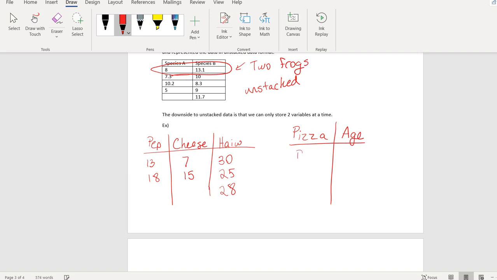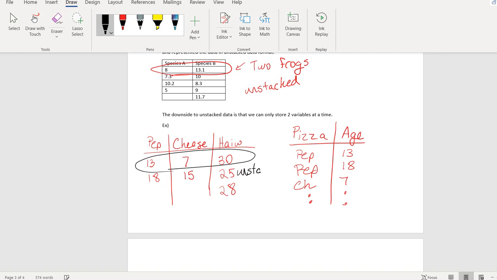So let's see, we have pepperoni for the 13-year-old, we have pepperoni for the 18-year-old, cheese for the 7-year-old, etc. So this would be an example of unstacked, while this would be an example of stacked, because this has three people, a 13-year-old, a 7-year-old, and a 30-year-old. This is stacked because we're describing one person who likes pepperoni pizza and is 13.